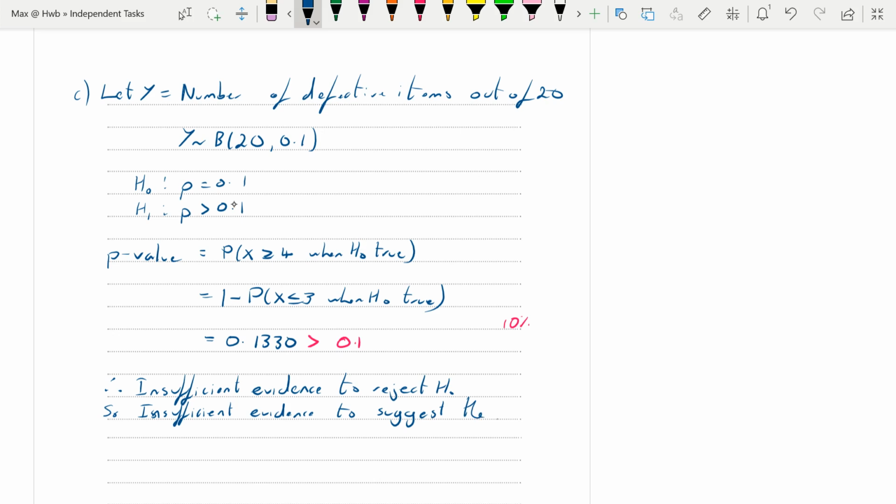That's the proportion, suggests the proportion of defective articles has increased. Okay, so I'm stealing the wording from the question so that I'm making sure I'm writing as accurate as I possibly can. Okay, that's really, really important to make sure we got that extra line at the end, because otherwise you're going to lose a mark.